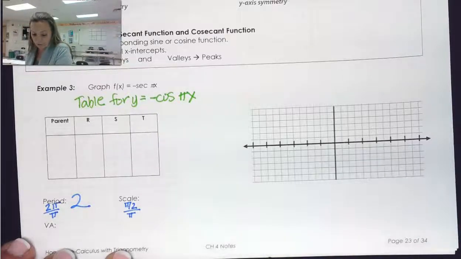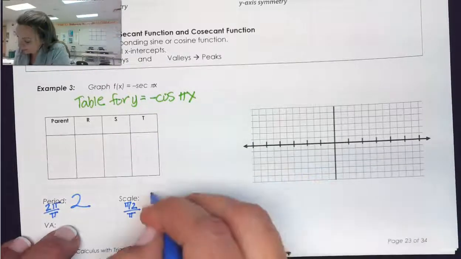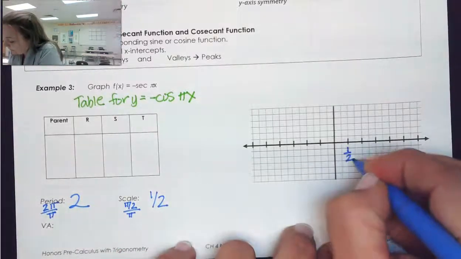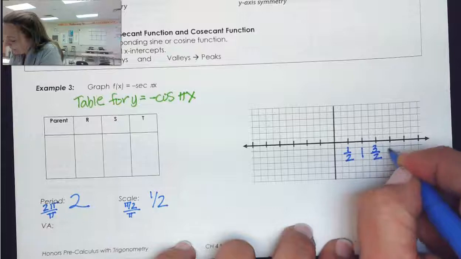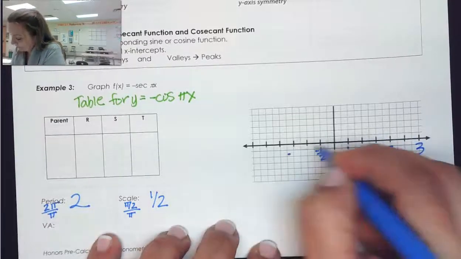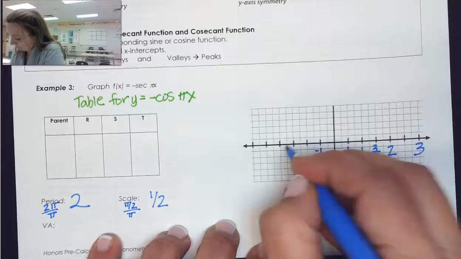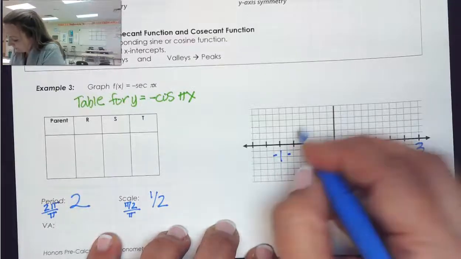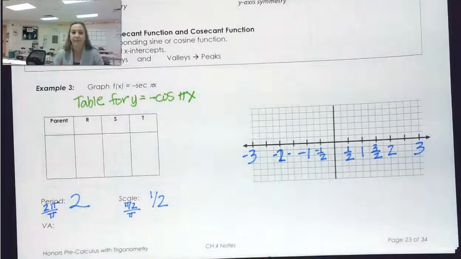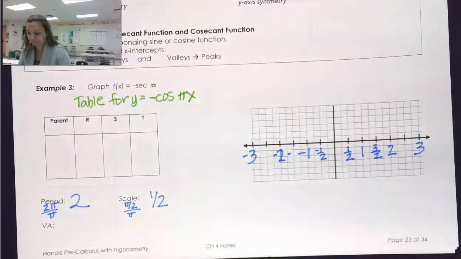So pi over 2 over pi ends up being 1/2. So that tells me that the scale of my graph is going to be by 1/2.